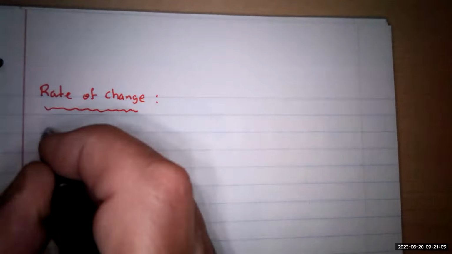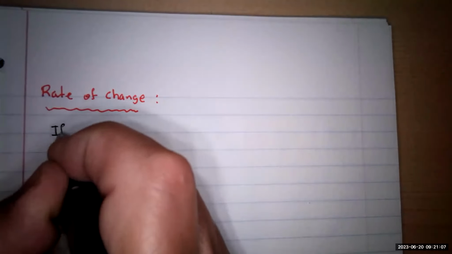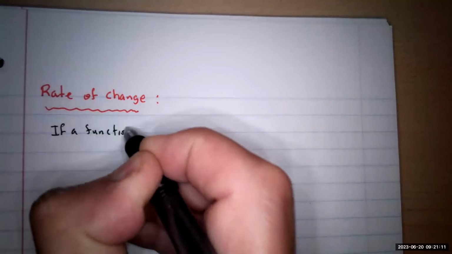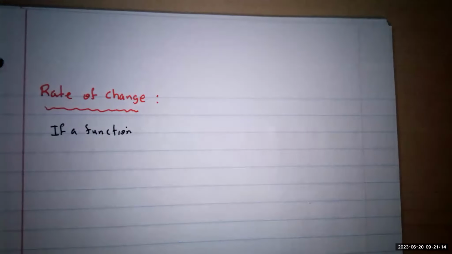So we need a couple of more terms, definitions. That's it. So let's start with the function again. I'm going to create what is the meaning of rate of change.